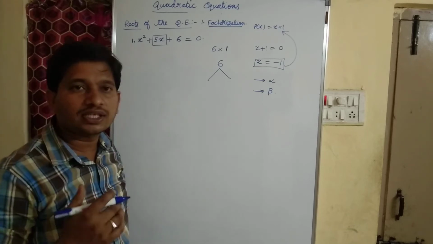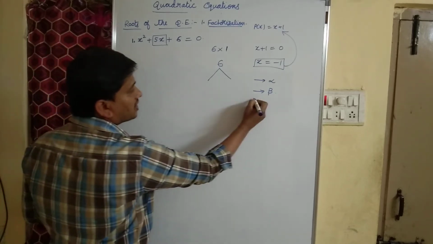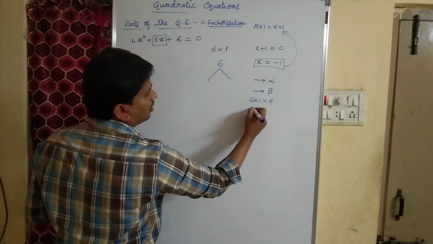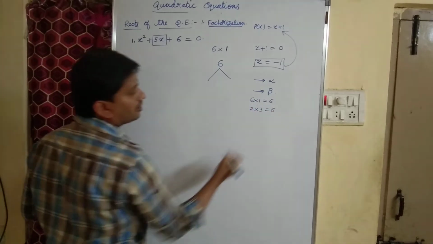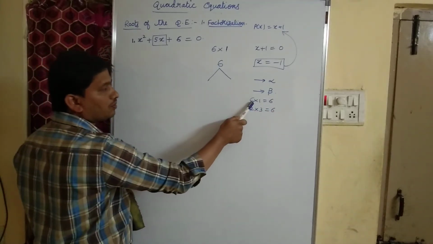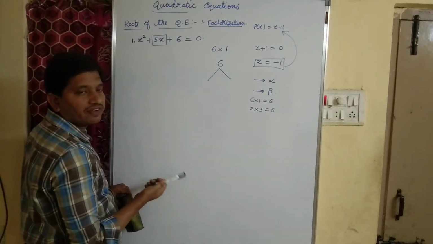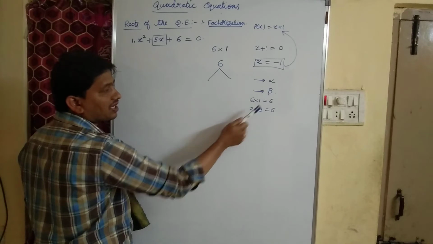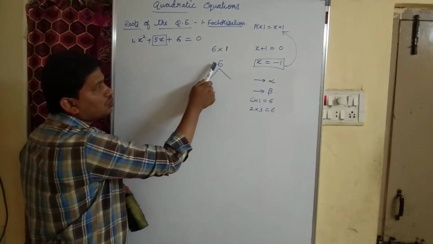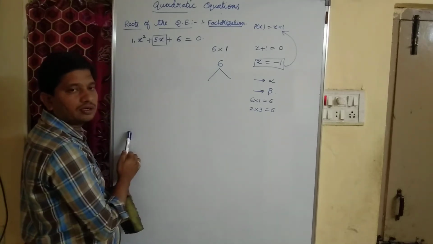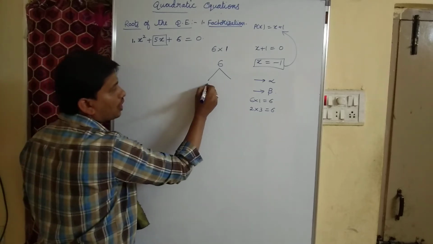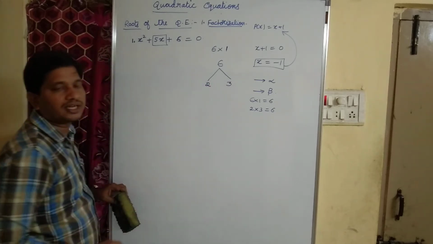The factors of 6 are 6 into 1 is 6 and 2 into 3 is 6. If I add 6 and 1, I get 7. If I subtract 6 minus 1, I will get 5, but there is no minus sign over here. So the possible factors of 6 are 2 and 3.